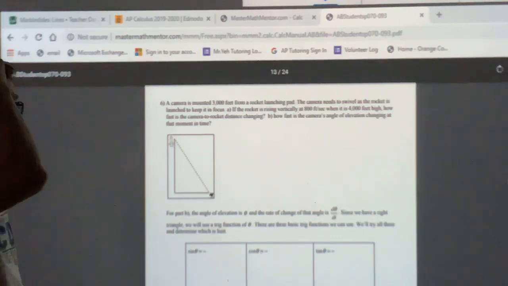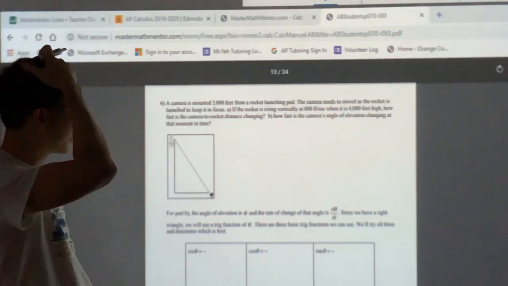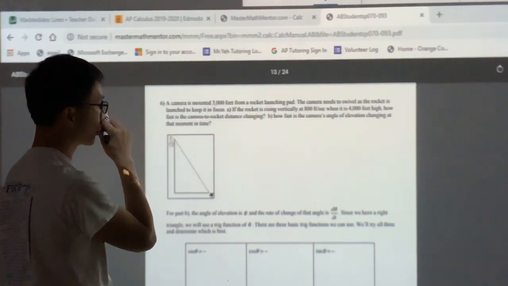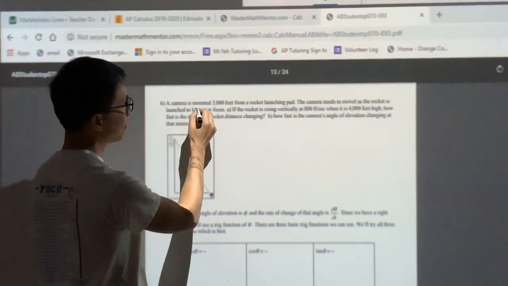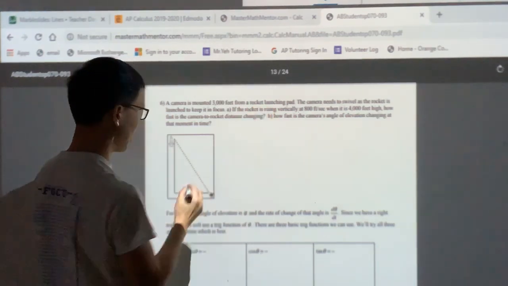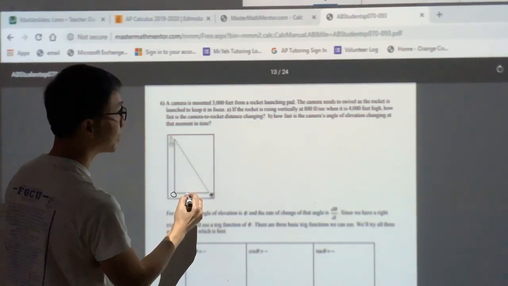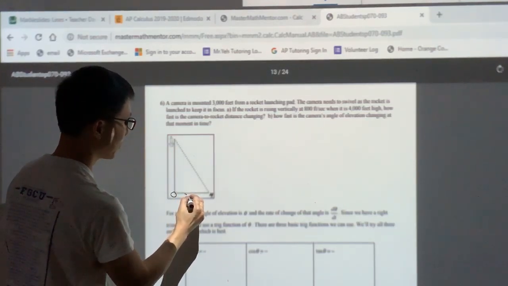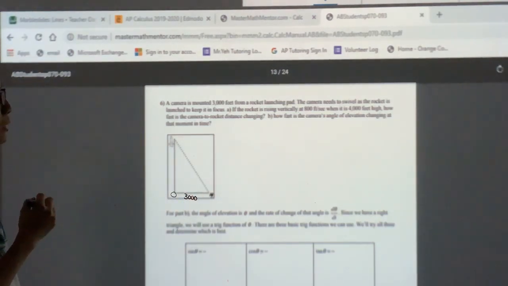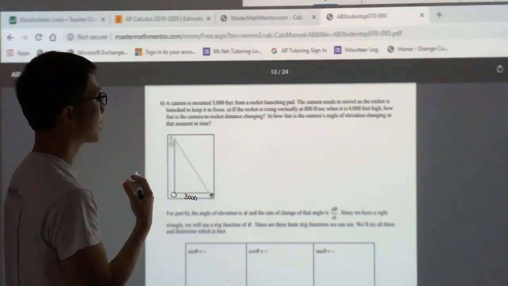So we're gonna go through this question about the last part of related rates, which deals with angles. We have a camera looking at a rocket launch, mounted around 3,000 feet from the launch pad. The camera needs to swivel as the rocket launches and keep it focused.